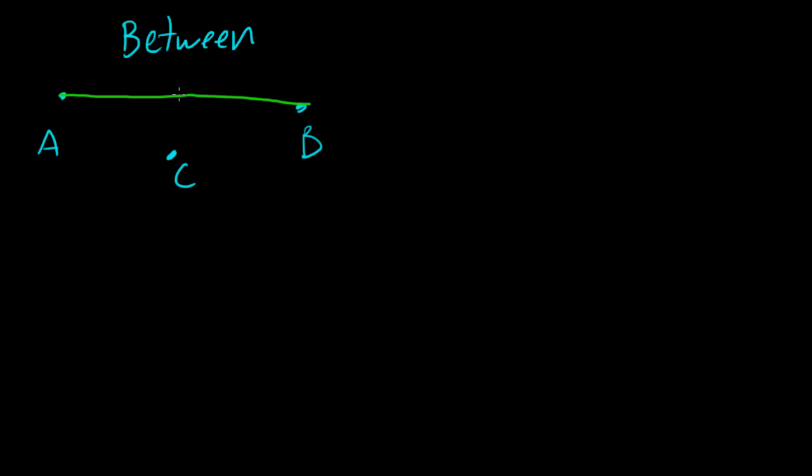It's not just kind of in the middle. Point D is between A and B. It's collinear and between. Now, I just use the word between to define between, but you get the idea. It's got to be on the line connecting the points for it to be between two points. It doesn't matter where. It could be over here, over here. We don't care. But that's what between means mathematically.